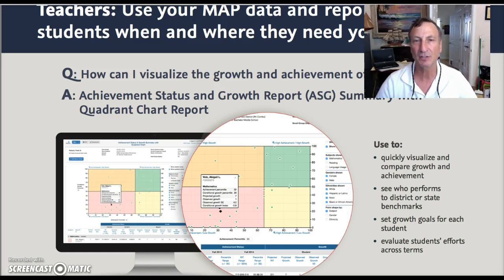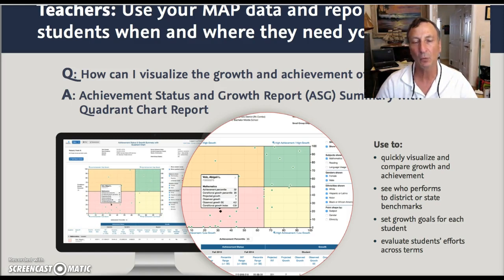So if you notice that the upper right-hand quadrant is green, that is the target goal, to get as many of the students up into the green area. And what that means is that we have the opportunity then to look at the student's progress on an individual basis and see how it relates to the others.